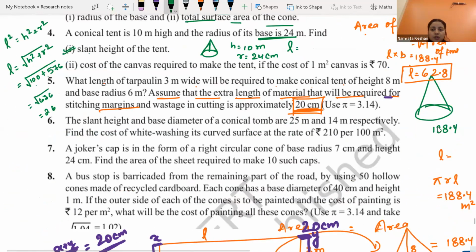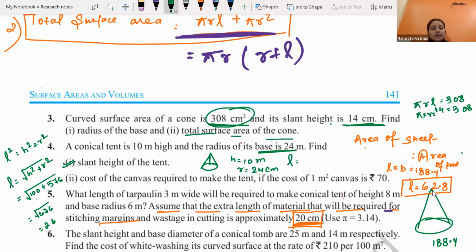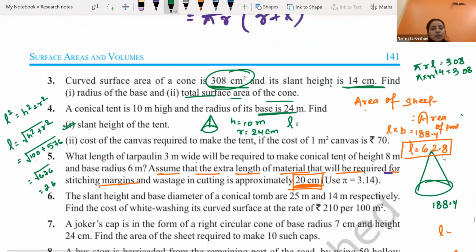Better you do this way only, the length into breadth. This is what we are getting. The length is 62.8. Okay.